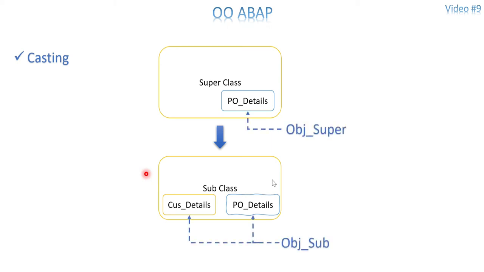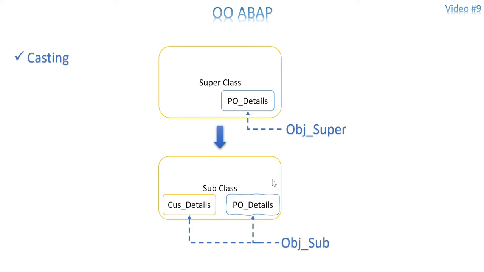And there is a reference object for the superclass. It's going to call PO details, meaning the method implementation in the superclass. That particular method is called by the superclass object, and the subclass object is going to call the redefinition of the superclass method and the subclass's own method.